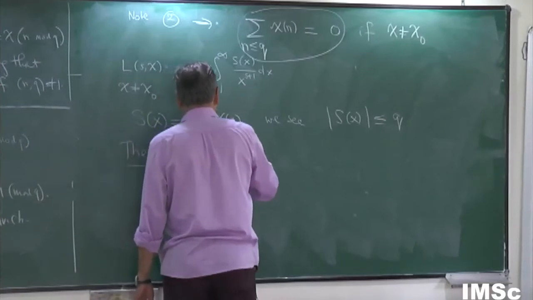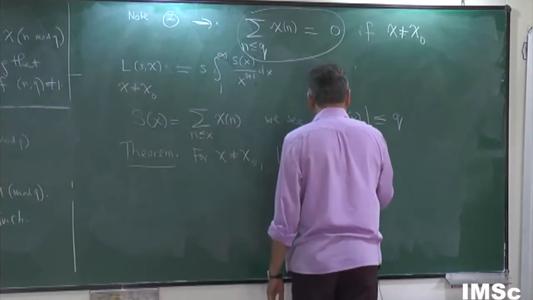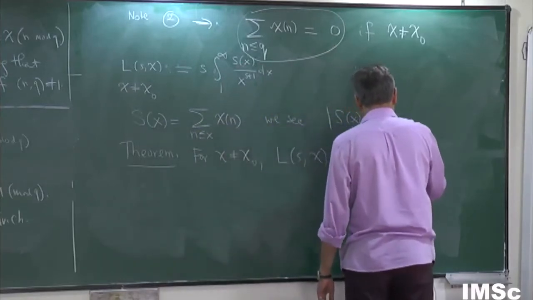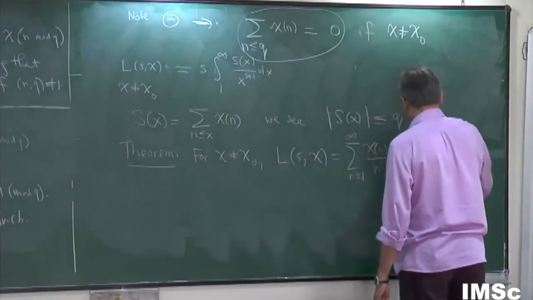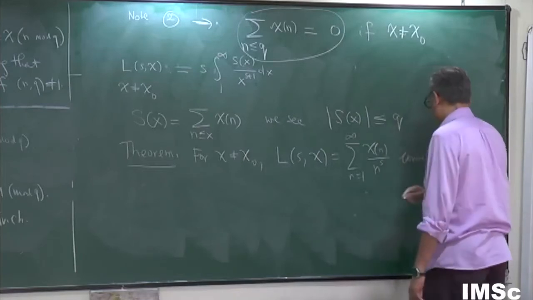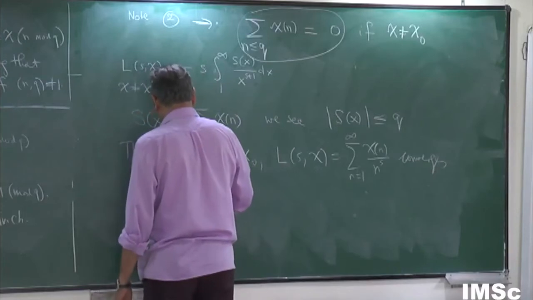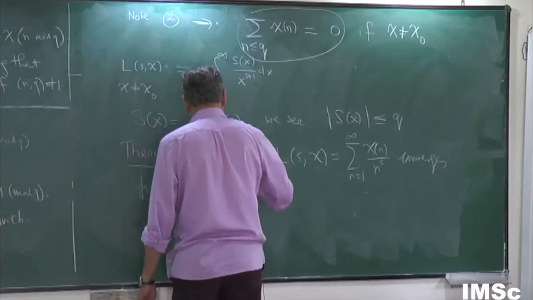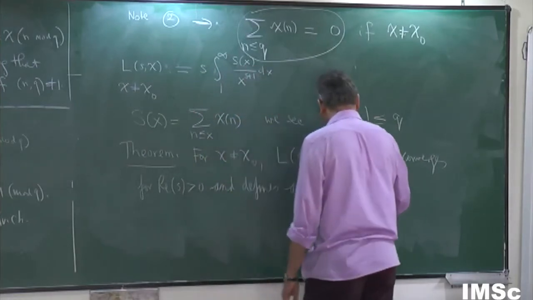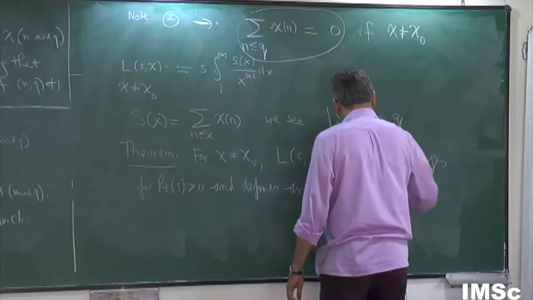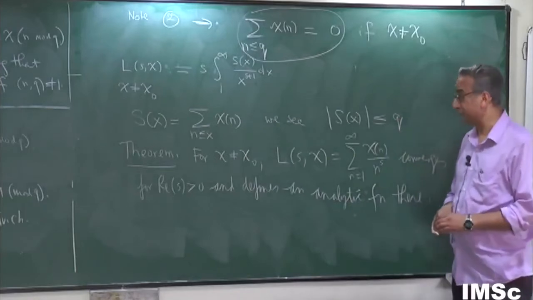Theorem: for chi not equal to chi naught, L of s chi as a Dirichlet series converges for real part of s bigger than 0 and defines an analytic function there. In that region, it defines an analytic function.